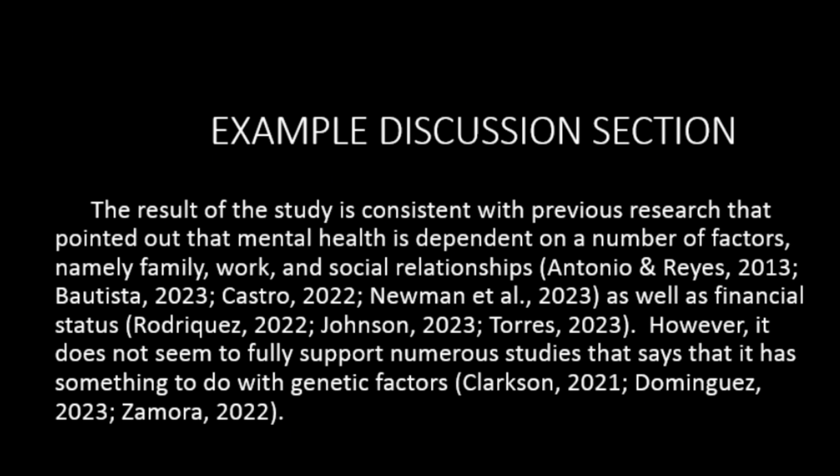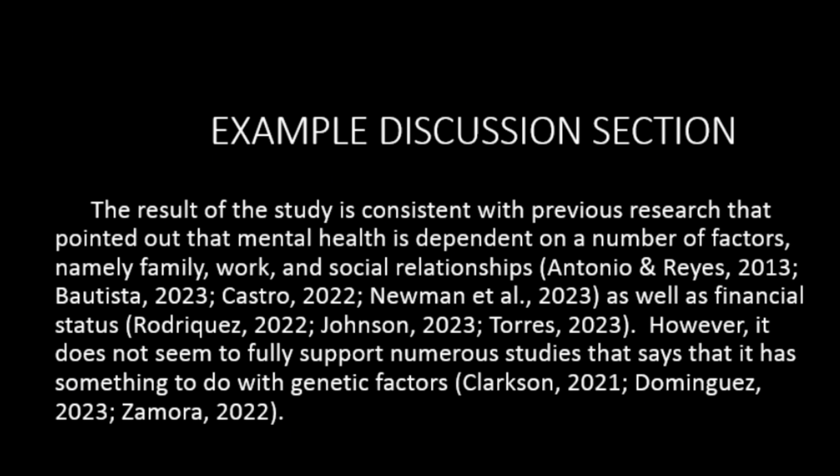The result of the study is consistent with previous research that pointed out that mental health is dependent on a number of factors, namely family, work, and social relationships. And then I placed here the fictional studies related to the first argument, and then I included as well as financial status. So for the second part of the sentence, this is related to the studies done by Rodriquez, Johnson, and Torres.